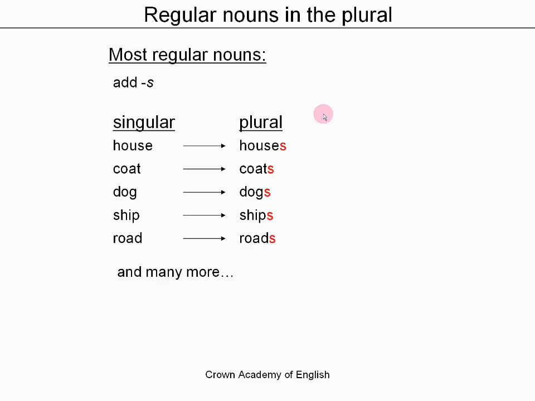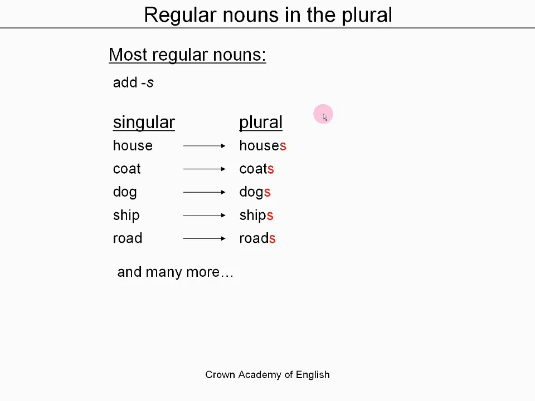So this is the basic rule. This is probably the majority of nouns in English are just regular nouns, and they follow this rule where we simply add an S to the end. Okay.